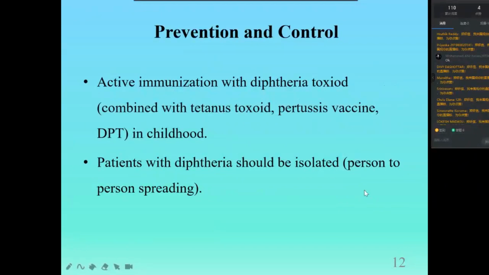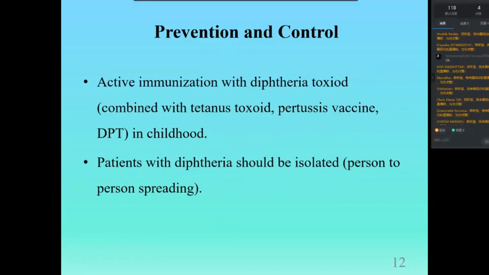Prevention and control. We can use active immunization. This one we introduced before. The kids will get a vaccine containing DPT, and this vaccine contains 3 different toxoids, and the D stands for the diphtheria toxoid.